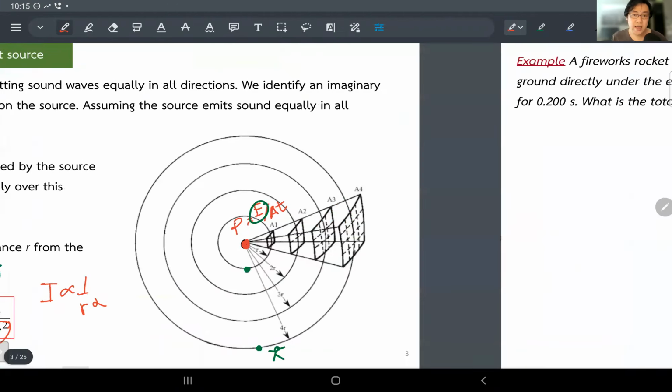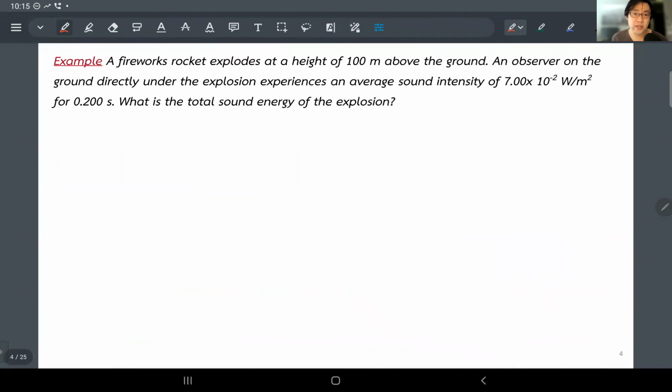With that, things are quite easy to calculate because now it's purely geometry and calculations using those formulas. Look at this example. A fireworks rocket explodes at a height of 100 meters above the ground. So you have some explosion going on here, 100 meters above the ground, and an observer on the ground directly under the explosion.